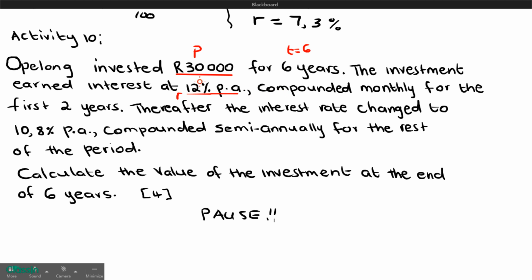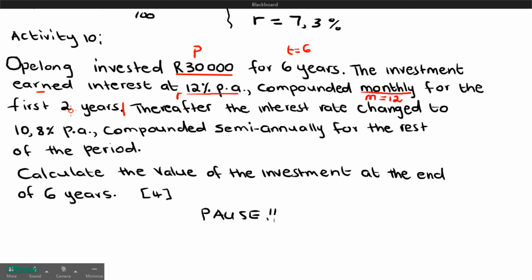Now, this investment is compounded monthly. It means that our M now is no longer going to be 1, but it's going to be 12. It means that every month this investment earns interest for the first 2 years. Now, let's stop here.